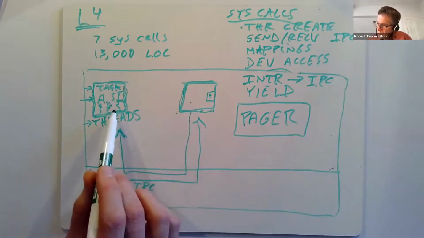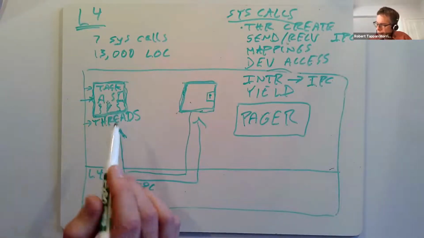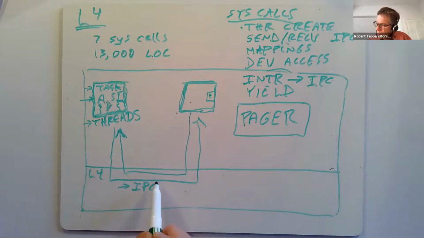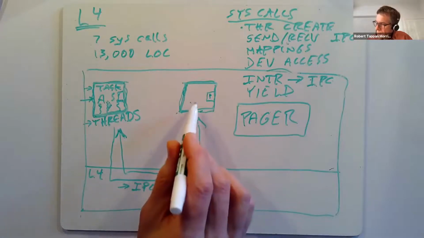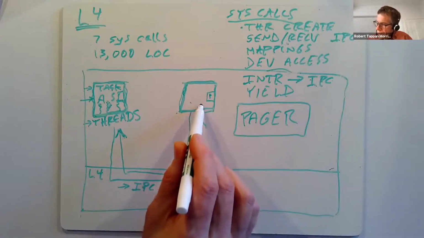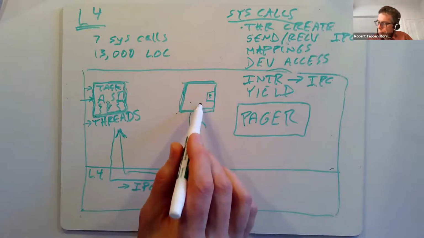Its pager task would then be in charge of allocating some memory from L4, sending one of these special IPCs that cause the memory to be mapped into this task, and then sending an IPC to resume execution inside this thread.